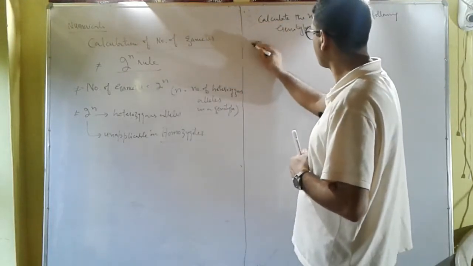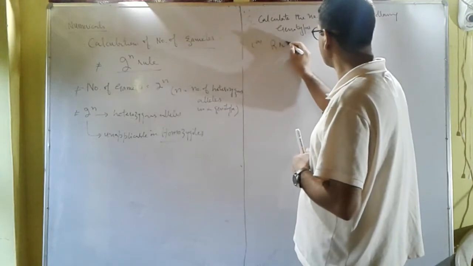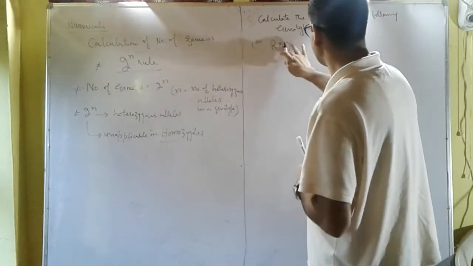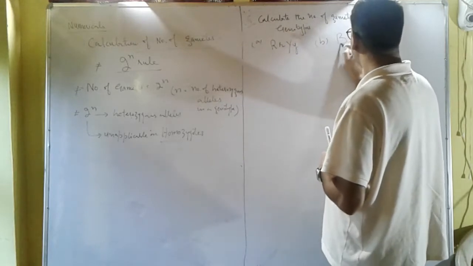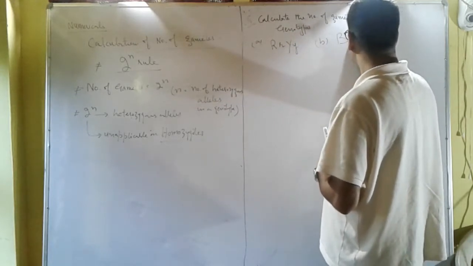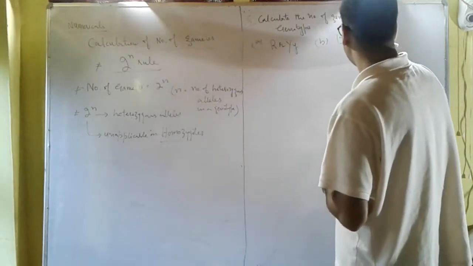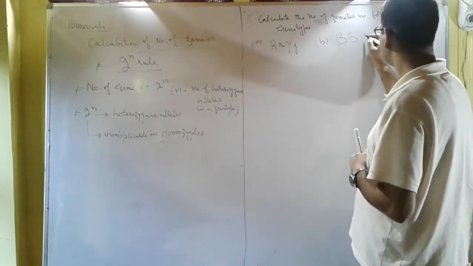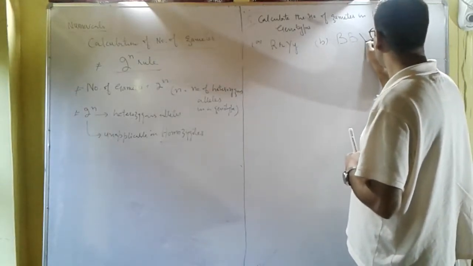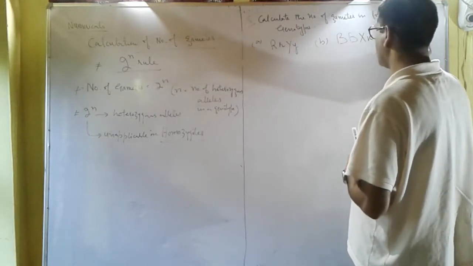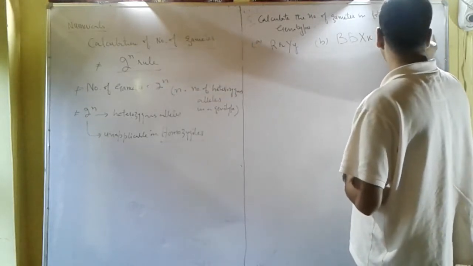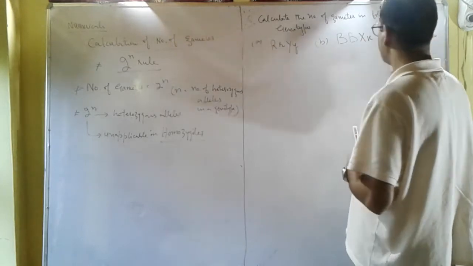We have capital R, small r, capital Y, small y. Second is capital B, capital B, and we have capital X, small x. Same is the case, we have capital A, small a, capital B, small b. How can we calculate?